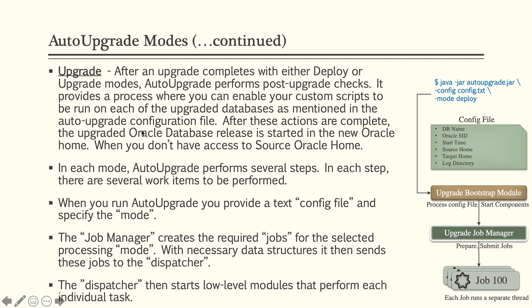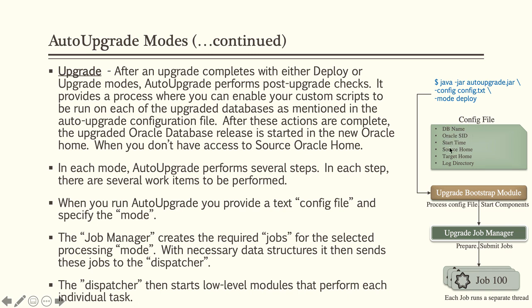Now somebody asked, how do I run it, or what is the actual working modus operandi of this tool, how does it actually work? I said it's very simple. Oracle provides you autoupgrade.jar, which is the AutoUpgrade utility itself. You create a config file beforehand.